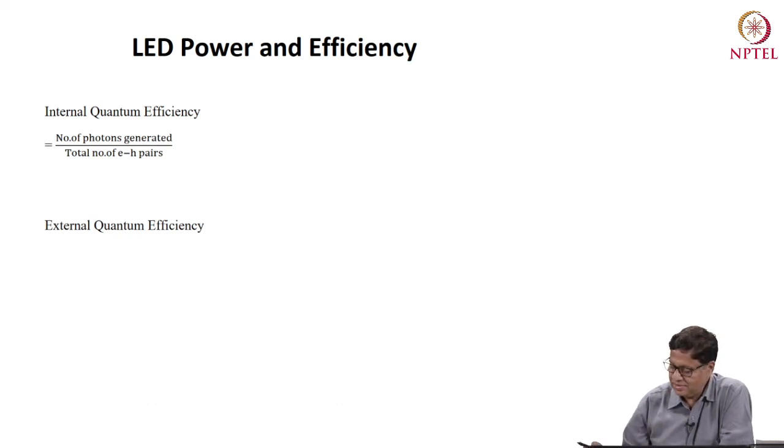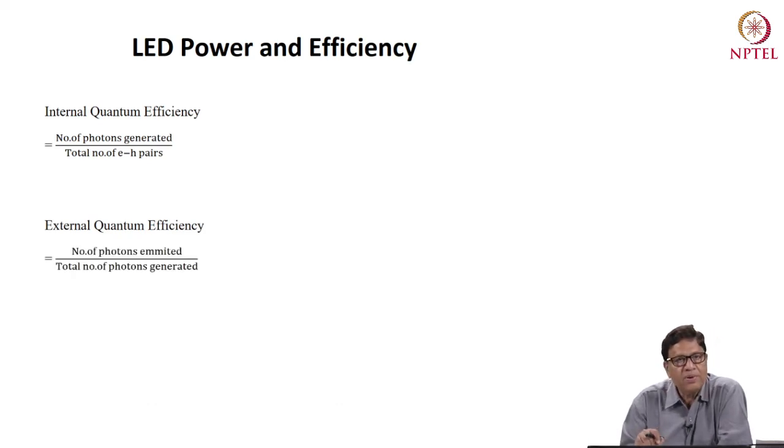External quantum efficiency is the ratio of the number of photons which are emitted out of the device and the number of photons which are generated inside the device. So this is called the external quantum efficiency. These are the two important parameters: what is your internal quantum efficiency and what is your external?